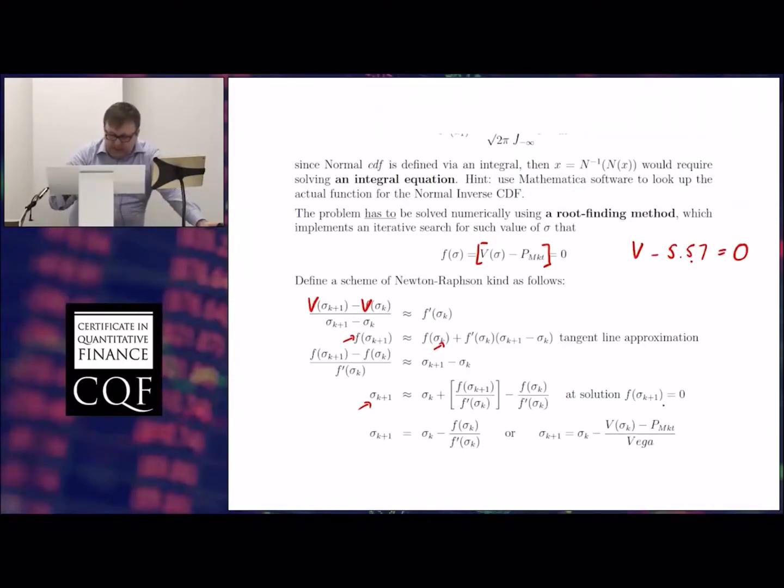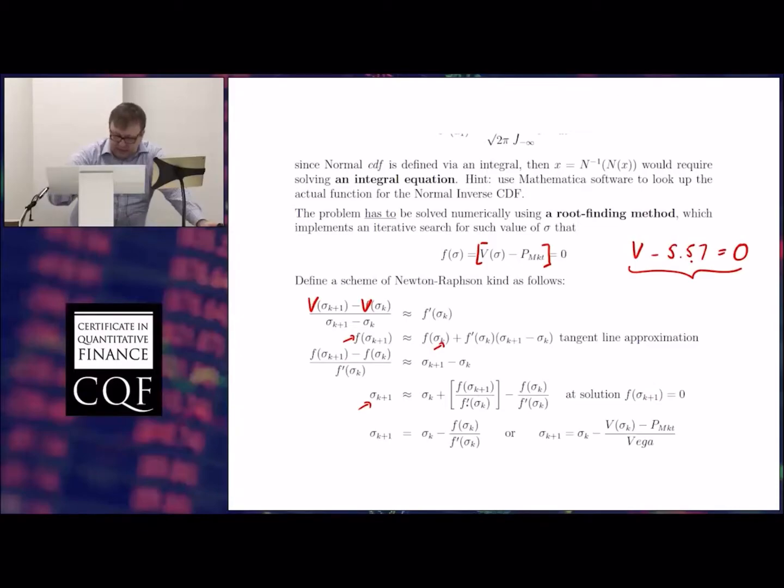Now, if I have the correct solution, then this function at k plus 1, if I get my volatility correct, is equal to 0. If I put the correct sigma to compute V, that should be equal to 0.